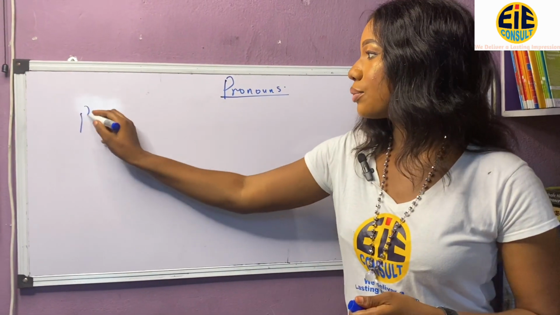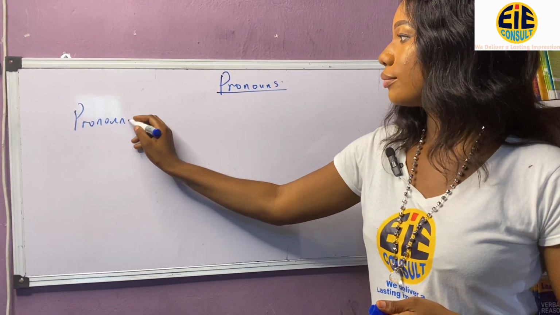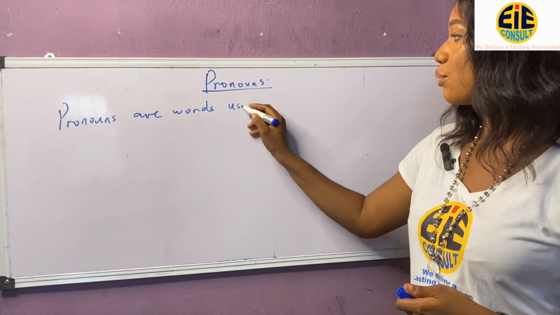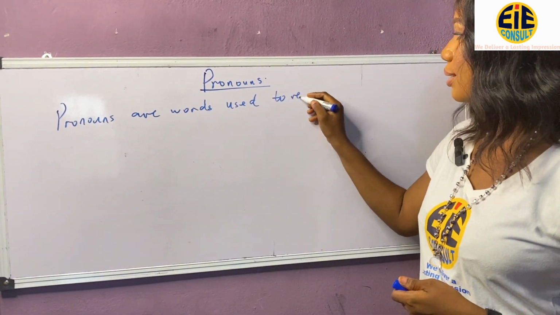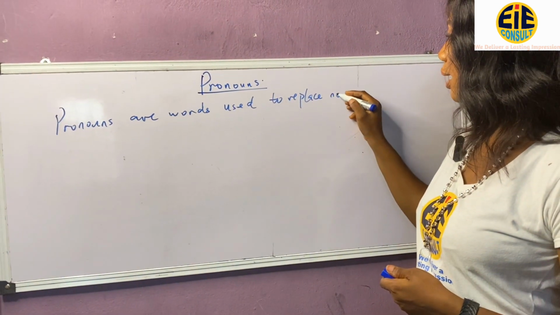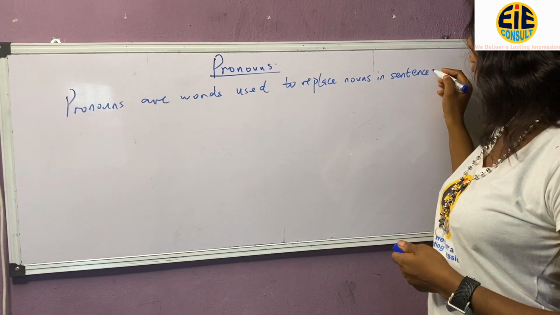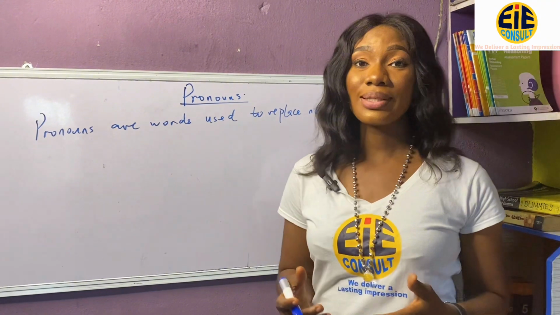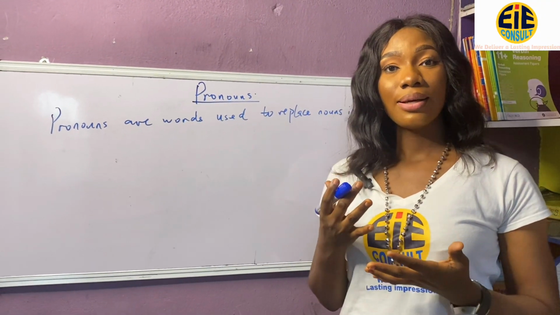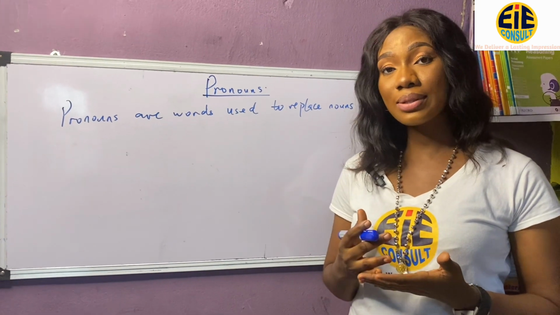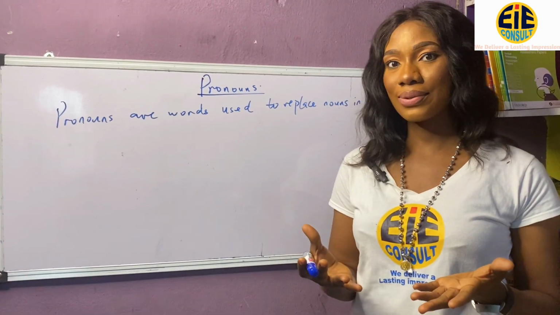So pronouns are words used to replace nouns in sentences. In other words, pronouns can replace people, the names of people, the names of places, the names of animals, or things in a sentence.